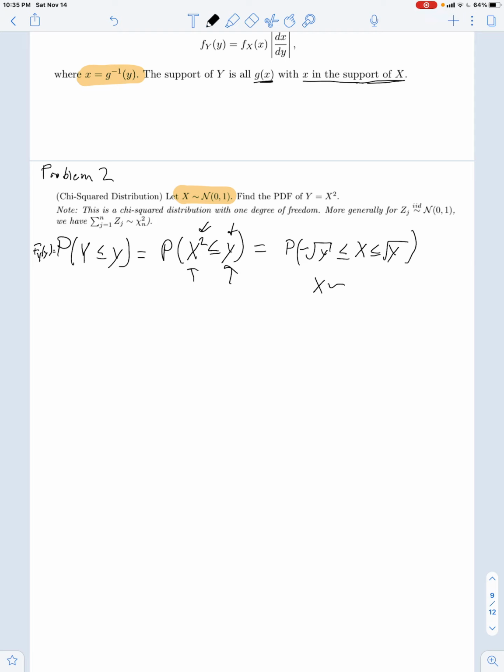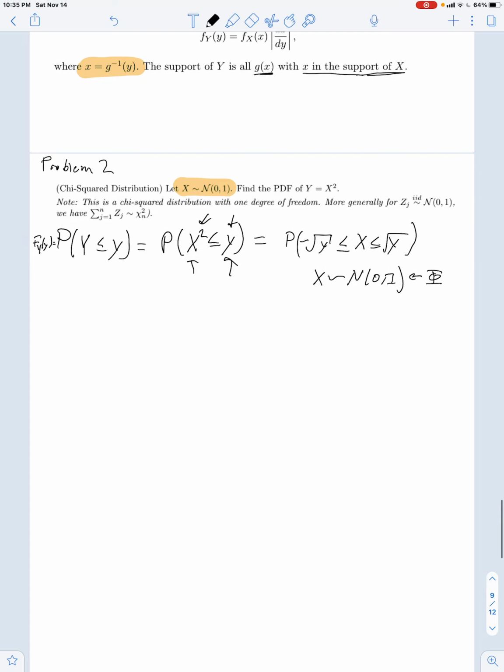But I know what the CDF of X is. It's just Phi, the CDF of the standard normal. So this is just Phi evaluated at the square root of y, minus Phi evaluated at minus the square root of y.